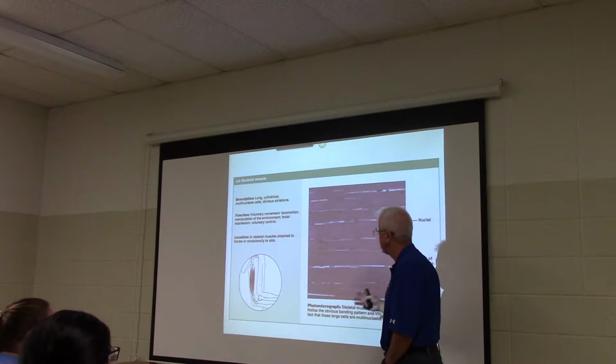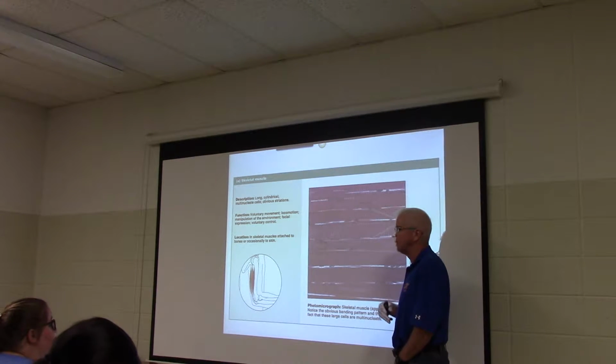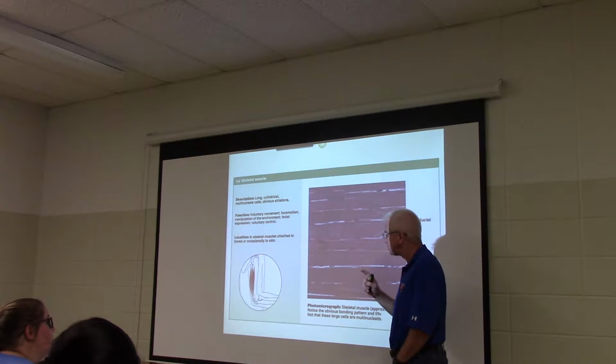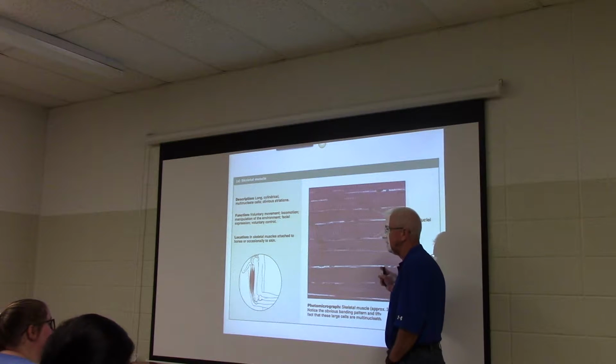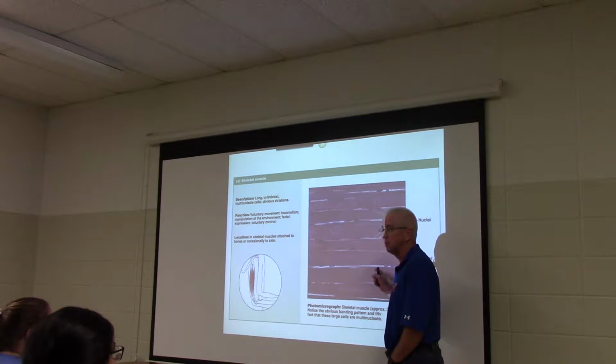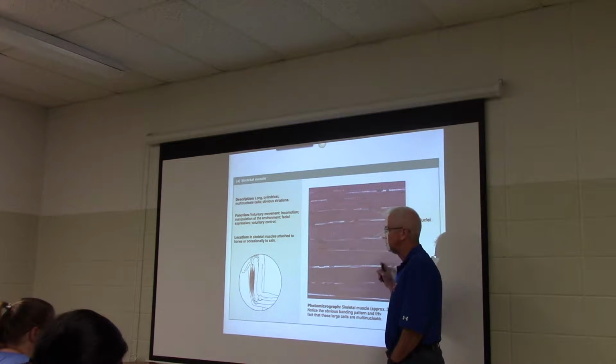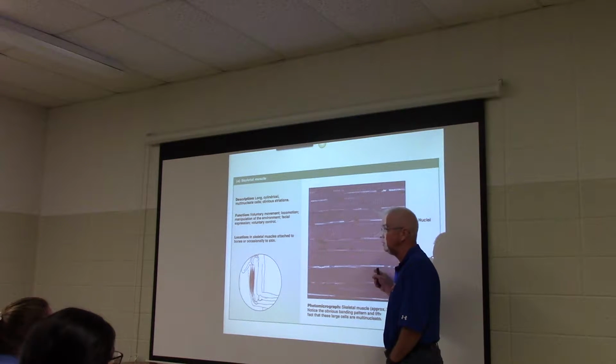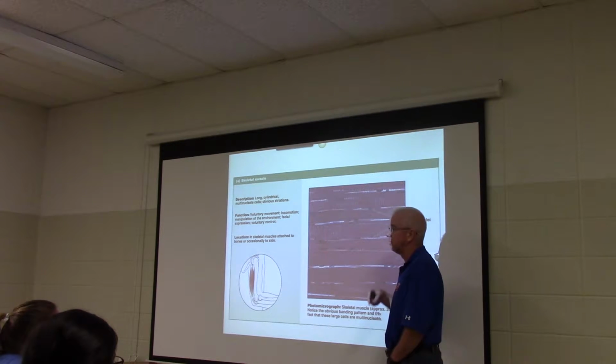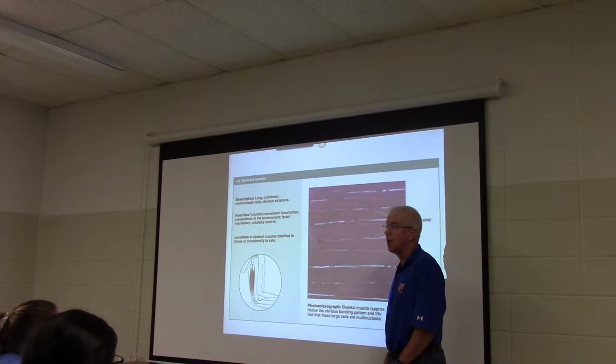So at very high magnification, skeletal and cardiac muscle are identical. In fact, when you learn the physiology of how these muscles contract, you discover that the arrangement of the proteins, y'all keep hearing that? The arrangement of the proteins in the cell of the skeletal muscle and the cardiac muscle is identical. They contract in exactly the same mechanism.